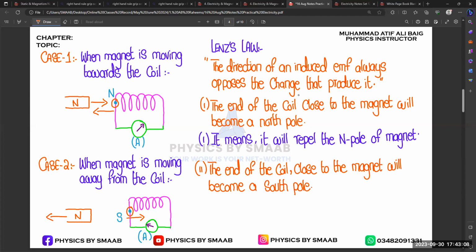And the second thing is that it will repel the south. Actually it is going to attract the north pole, but the problem is that the north pole is moving away, right? Then it will repel also.